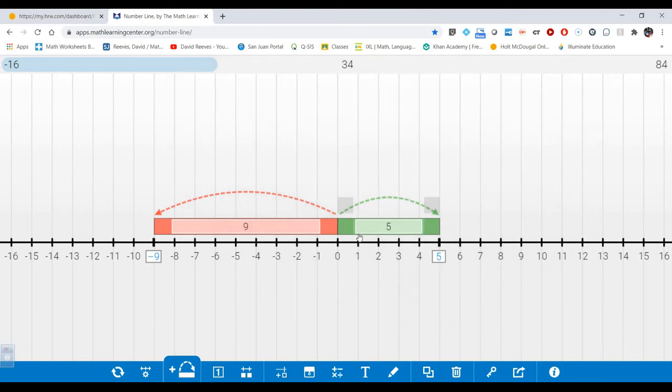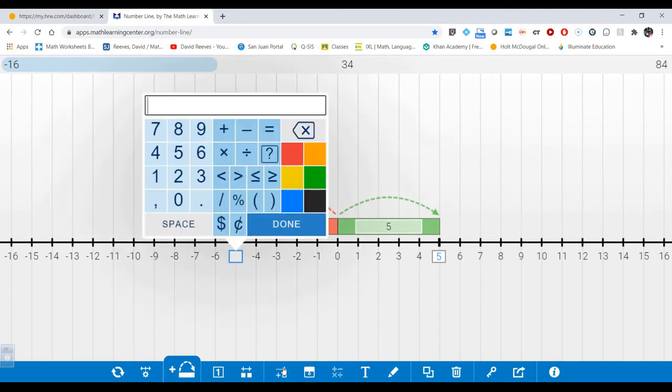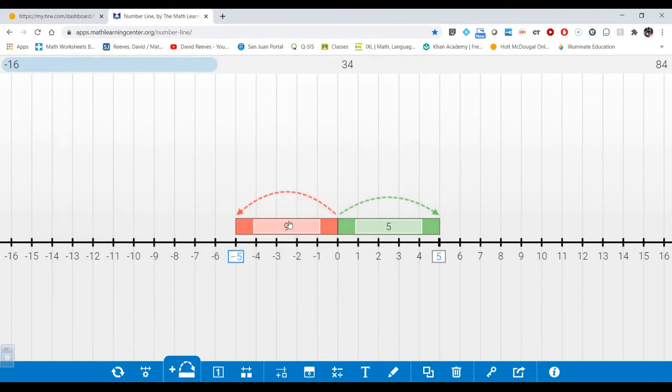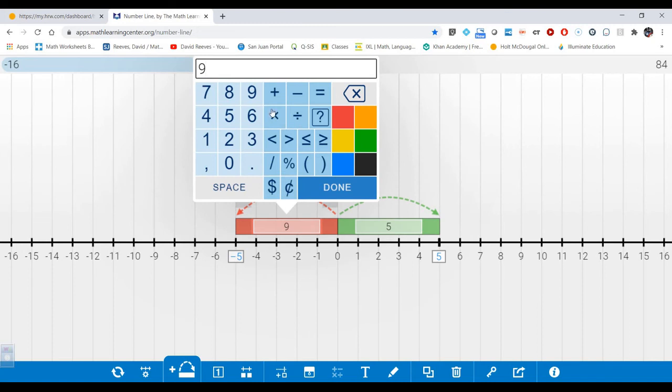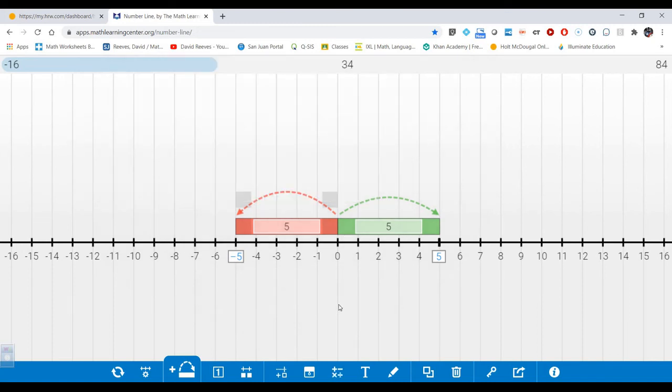Okay, so 5 is 5 units to the right. Going to move this one back here, and this one is at -5, right? Okay, but this distance is never negative, so the distance is 5, right?